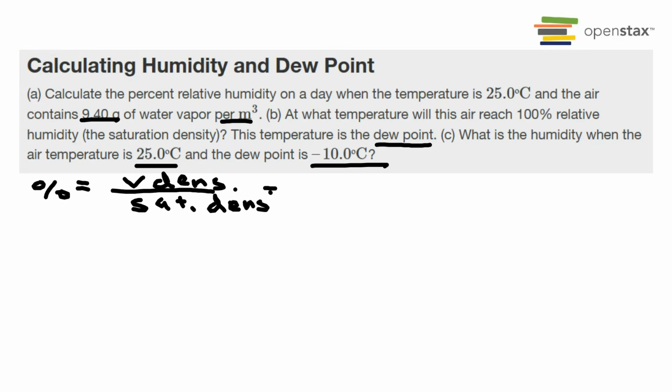Or I'm going to say density rho v over rho s, where lowercase v is vapor. Oh, I forgot to do the s. This is an s. I'm going to have to start using PowerPoint. All right, so times 100.